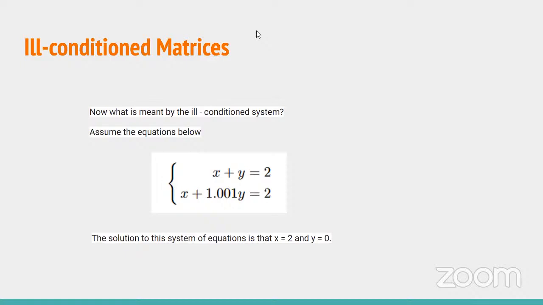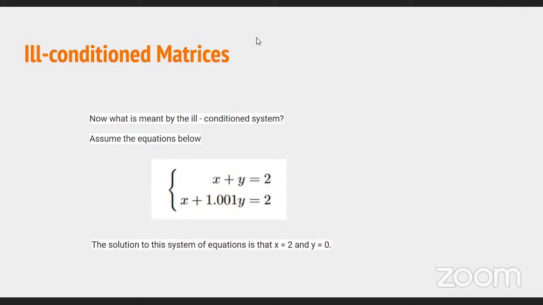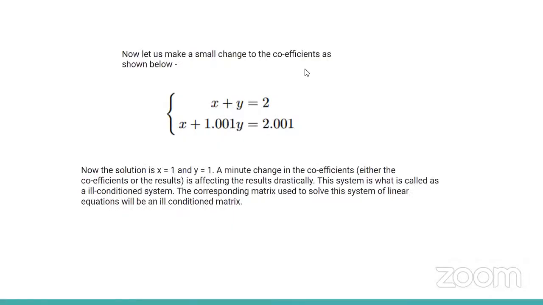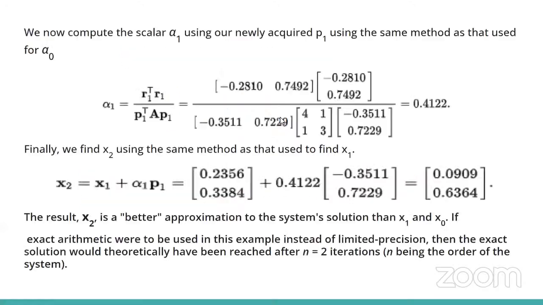When do we stop iterating? Please go back. The result X2 is a better approximation to the system solution than X1 and X0. So we iterated to point X2.